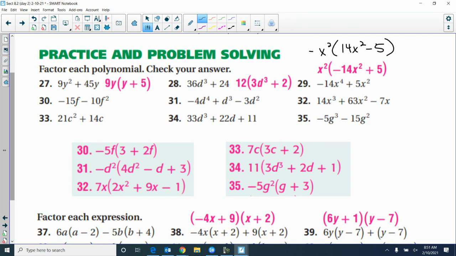That changes all your signs to 4d squared minus d plus 3. 32. 7x parentheses 2x squared plus 9x minus 1. 33. 7c parentheses 3c plus 2. 34, 11 is your GCF, just the 11. 3d cubed plus 2d plus 1. And 35 is negative 5g squared parentheses g plus 3. Okay, for those.